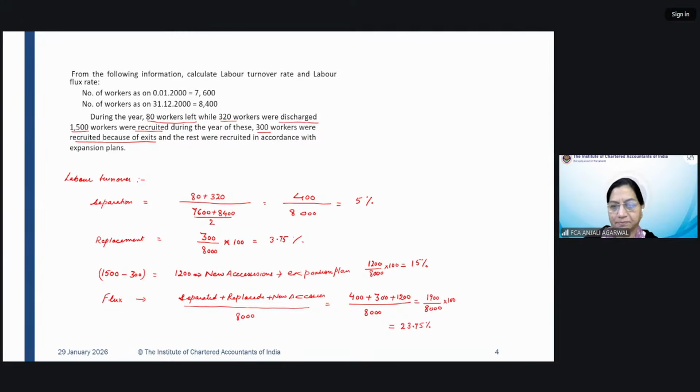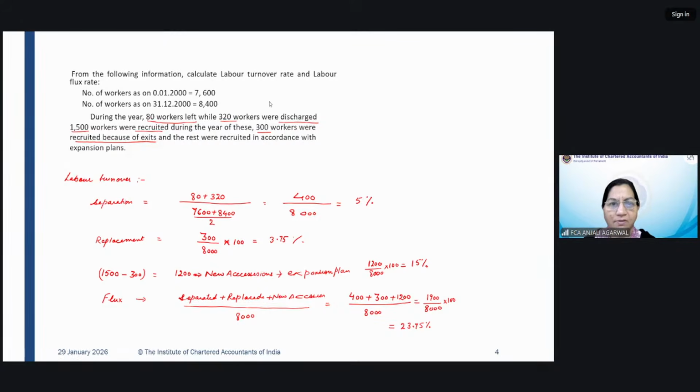Okay. Three hundred divided by 8,000 was 3.75. And so I hope this has made the revision possible for what was labor turnover.